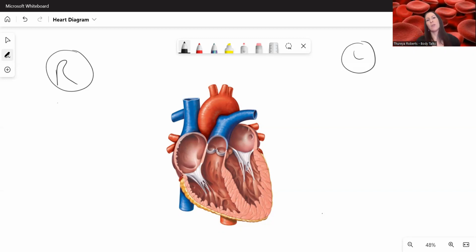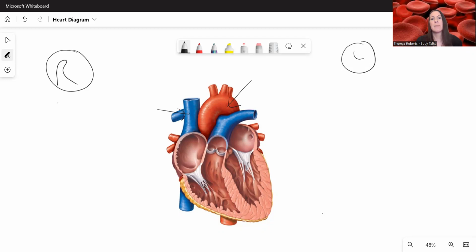So thinking about deoxygenated blood, which is usually depicted in blue. So you see how you can see this blue color here, and we've got red over here. Blue refers to deoxygenated blood. That means the red blood cells have already given away all their oxygen and they're coming back to the heart to be pushed to the lungs to pick up more.